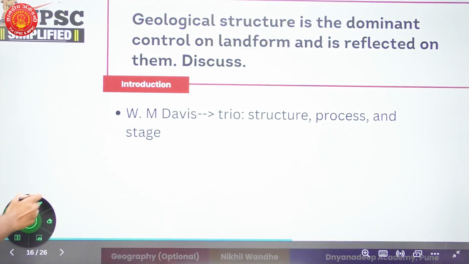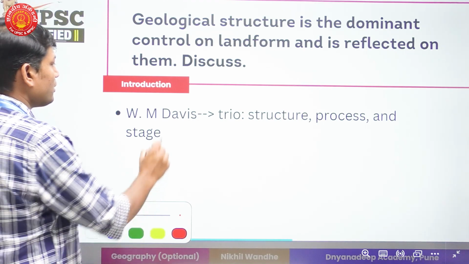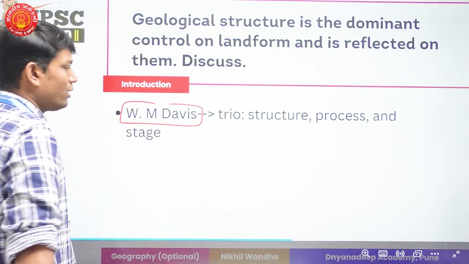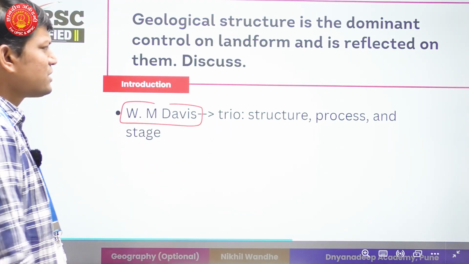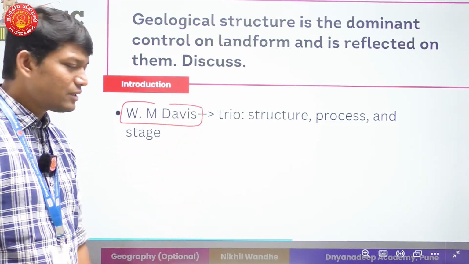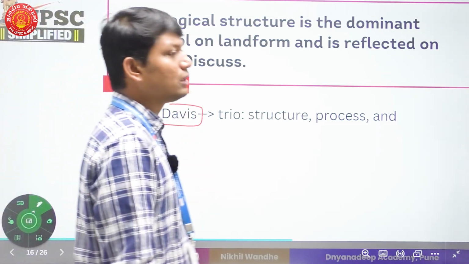Now understand, in the introduction we have to introduce with Davis. I'm just following my simple method which I have followed all these years.